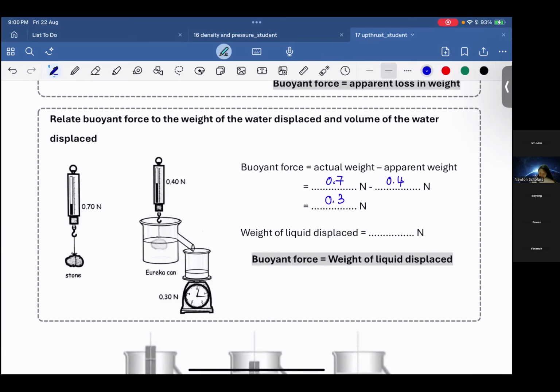Then if you observe the balance, the water that we displace out, because of the volume, shows 0.3. So that means your buoyant force equals the weight of liquid displaced.